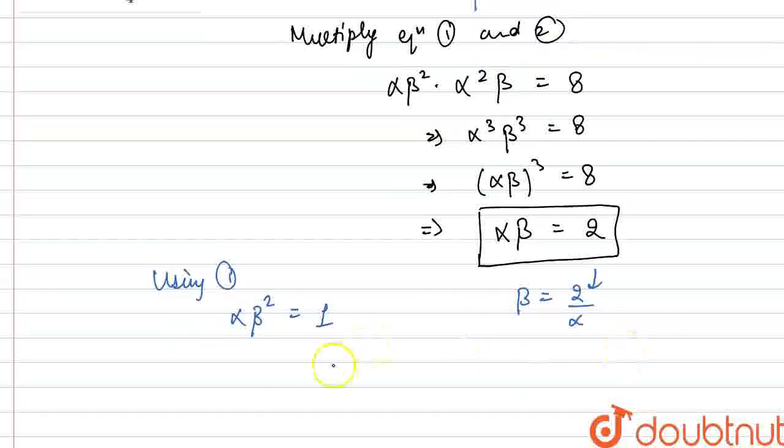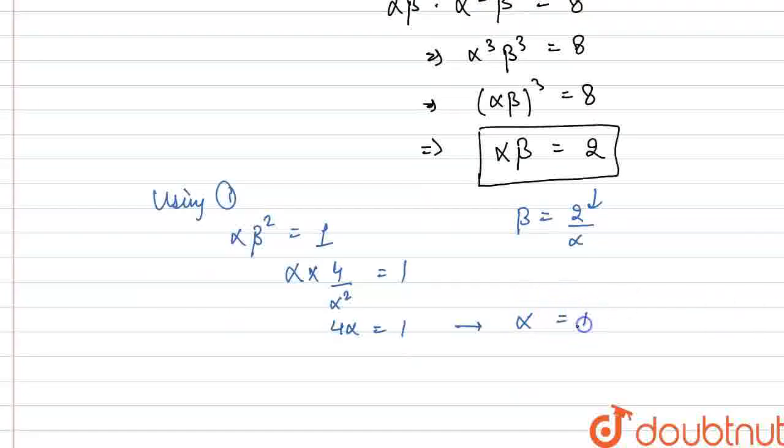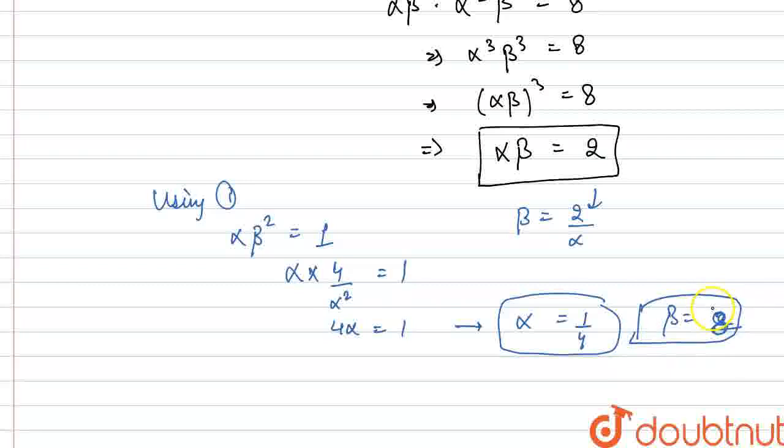Now putting this beta in this equation, we get alpha into 2 to the 4 by alpha square equals 1. So we are getting 4 alpha equals 1, or alpha equals 1 by 4, and beta will become equal to 2 divided by 1 by 4, that means beta will become equal to 8 from here.